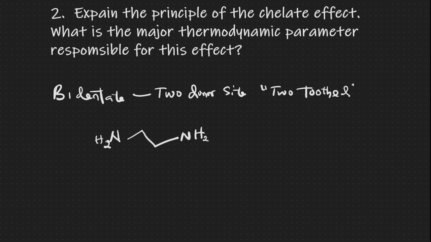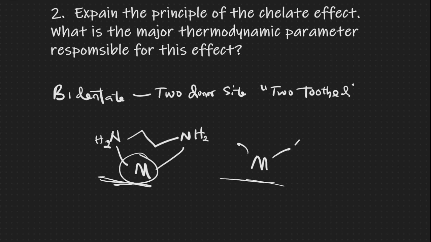This ligand can attach through this nitrogen to the central metal and also through this nitrogen. So it has 2 points of attachment. Compared to a monodentate ligand, this one will be more stable.